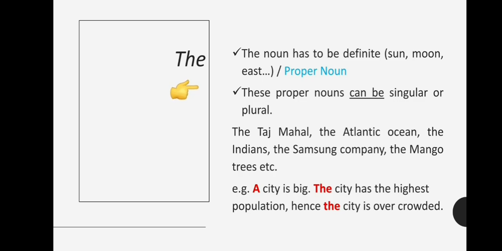We cannot just keep on putting "a" repeatedly everywhere. So if you want to start writing a few lines, this is how you begin. A city is big. Now I'm talking about the same city all the time. So now I will not use "a". Instead of that, I'm going to use "the". The city has the highest population, hence the city is overcrowded.